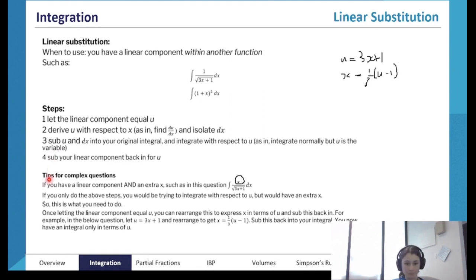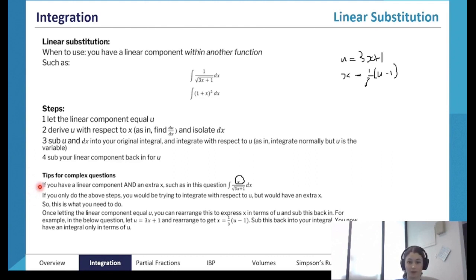So then you need to, as I said, sub this back into your integral, and now you have an integral only in terms of u. So the takeaway from here is, if you're asked to integrate something and you have a linear component and an extra x, or in other words, you have 2 different linear components, what you can try to do is rearrange your substitution u equals the linear component, rearrange that to isolate x, and then sub that in.